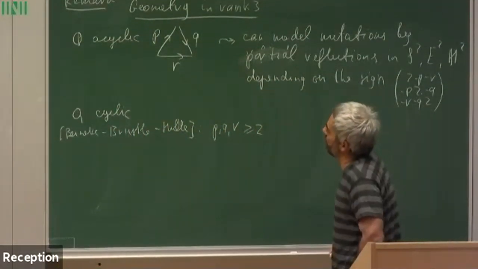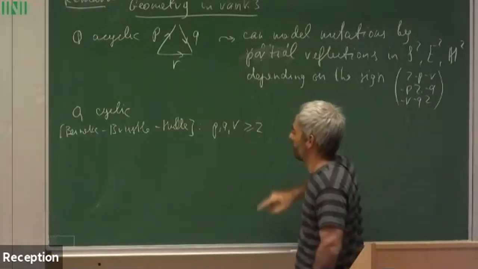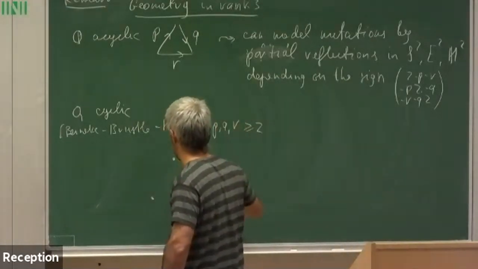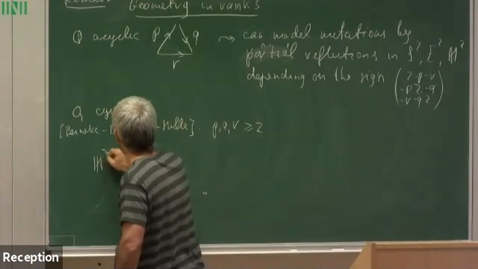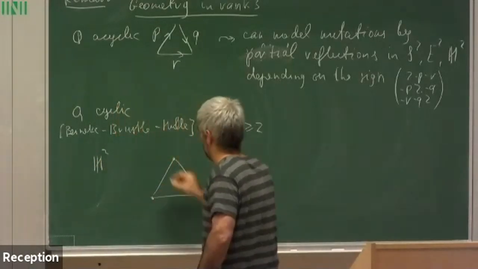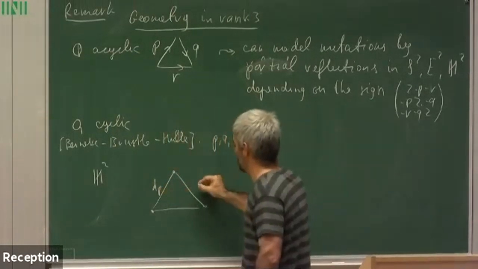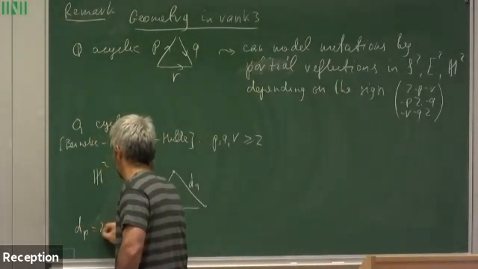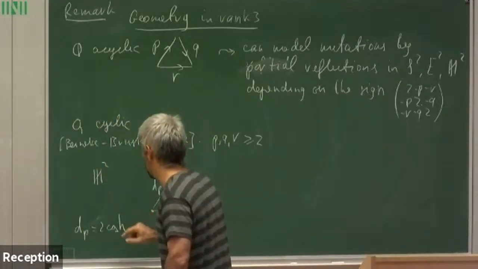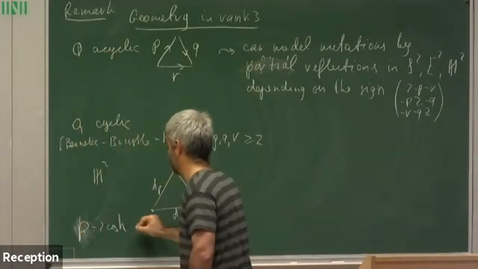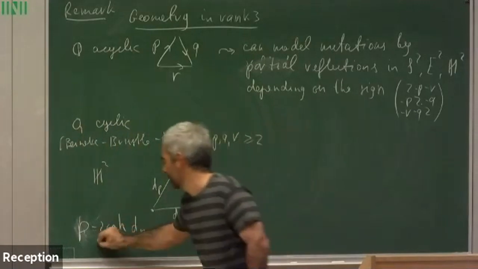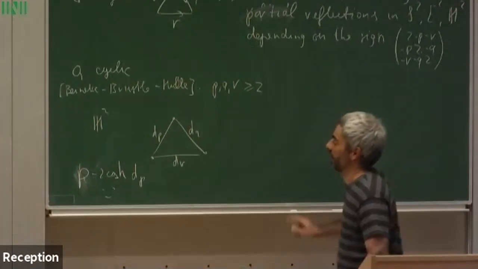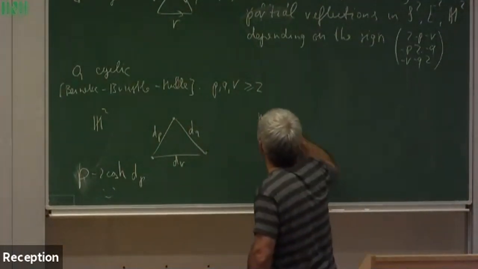And this implies that we can take 3 points on the hyperbolic plane. Say g_pq is 2 cosh, where p, q and r. We can model mutations.